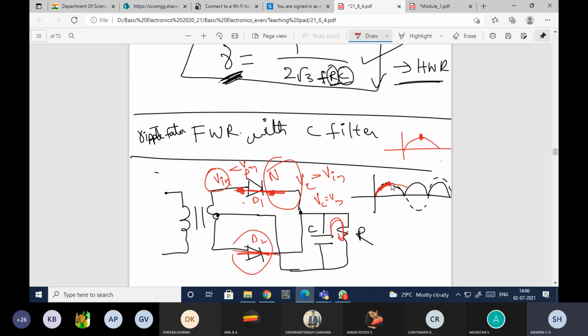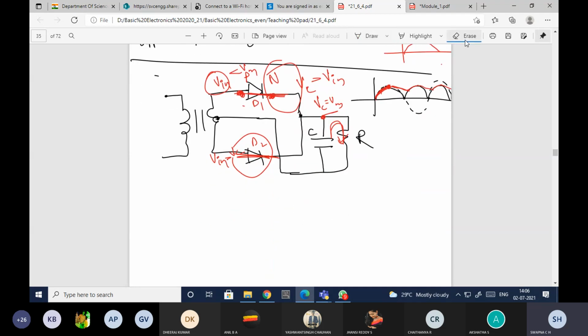Again the discharging will happen until the VC voltage is less than this VIN voltage. Once VIN is greater than the VC voltage, it will start charging again. Again it will discharge, start charging, discharge, start charging. If you just see the waveform, it will be like this.